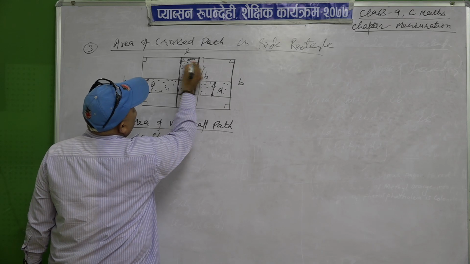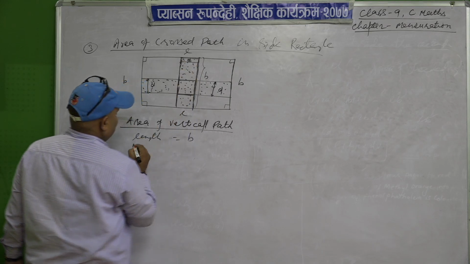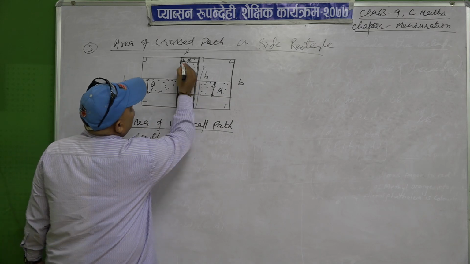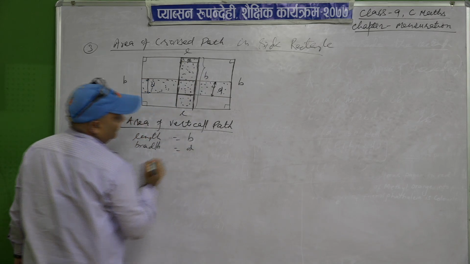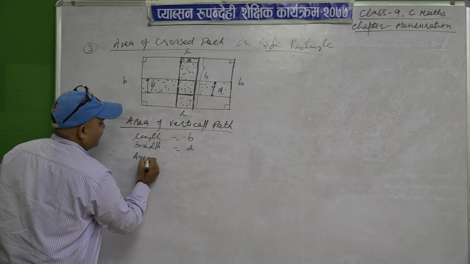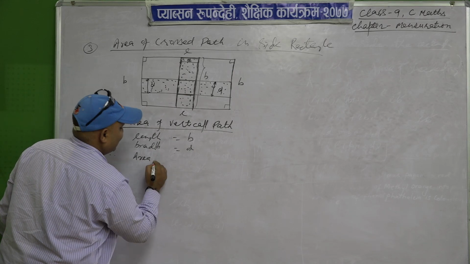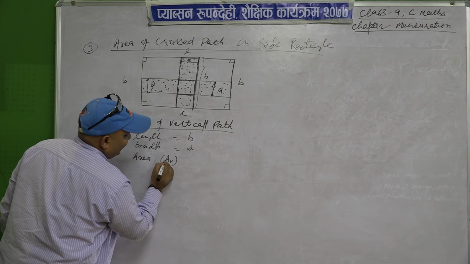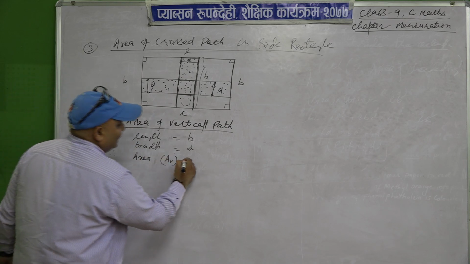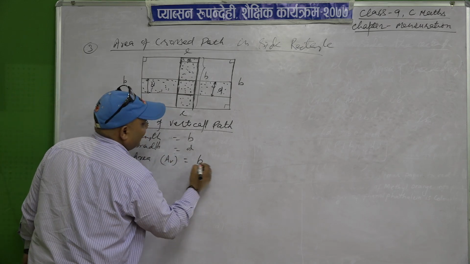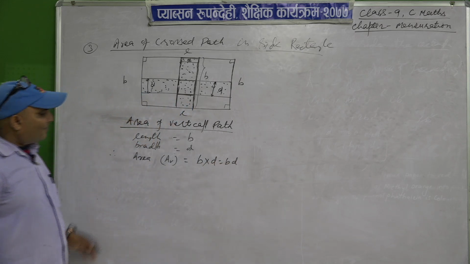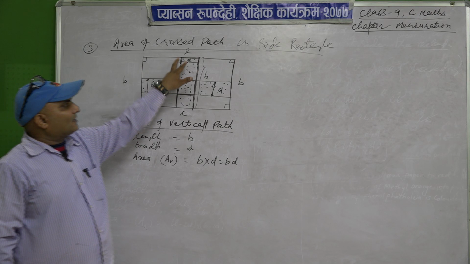The breadth of this path, from here to here, is D. Now find the area. You can write AV, area of vertical, or A1, A2, anything. The formula is length into breadth, that is B into D, so BD is the area of this vertical path.